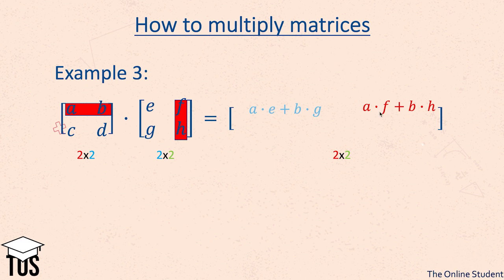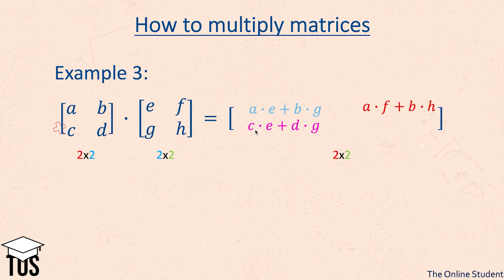We can do the same for the second row. We take the first column again, so we have the multiplication of C by E plus D by G, and this will go at the second row and the first column of the resulting matrix.